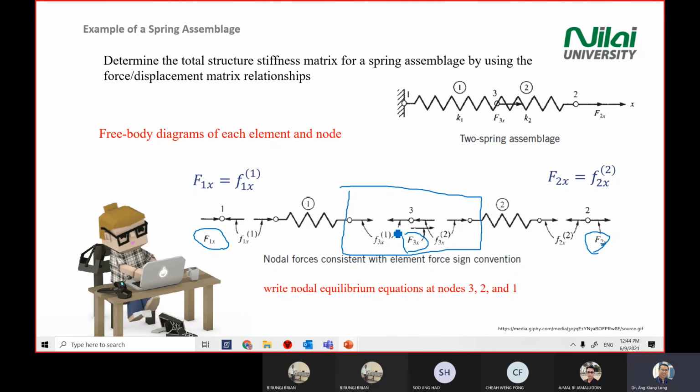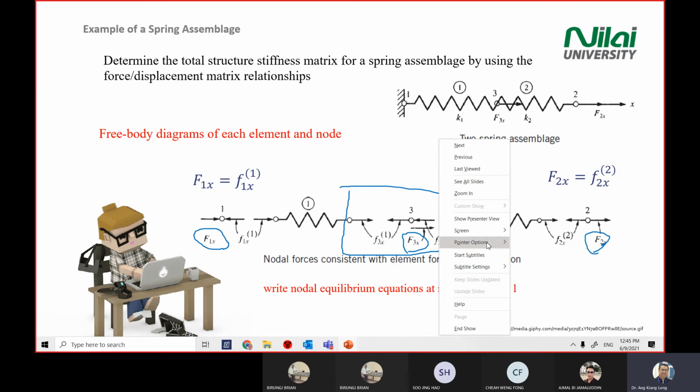So my suggestion is that for the connecting point, always look at the external force first. You look at the external force direction, then you complete the right hand side arrow. You complete this arrow. Okay, then this arrow.